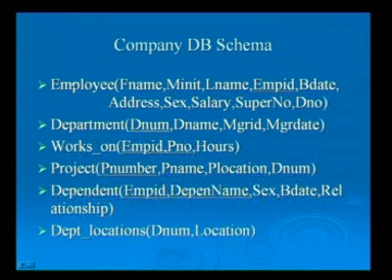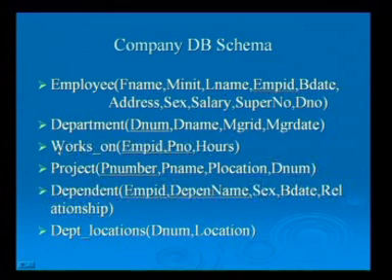Employee has got a number of attributes to describe the employee: first name, middle name, last name, birth date, and most significantly employee ID, address, gender, salary, supervisor number, and the department number that the employee is working at. And the department relation has got department number, department name, manager ID, and manager start date.